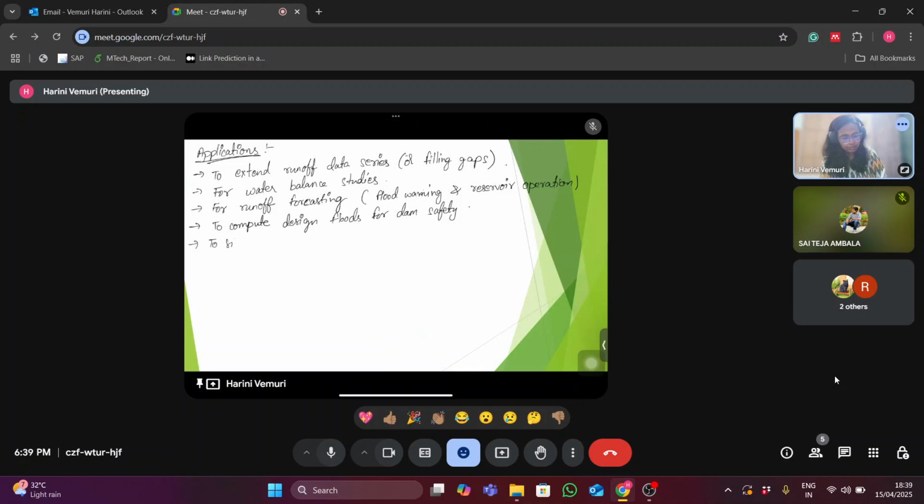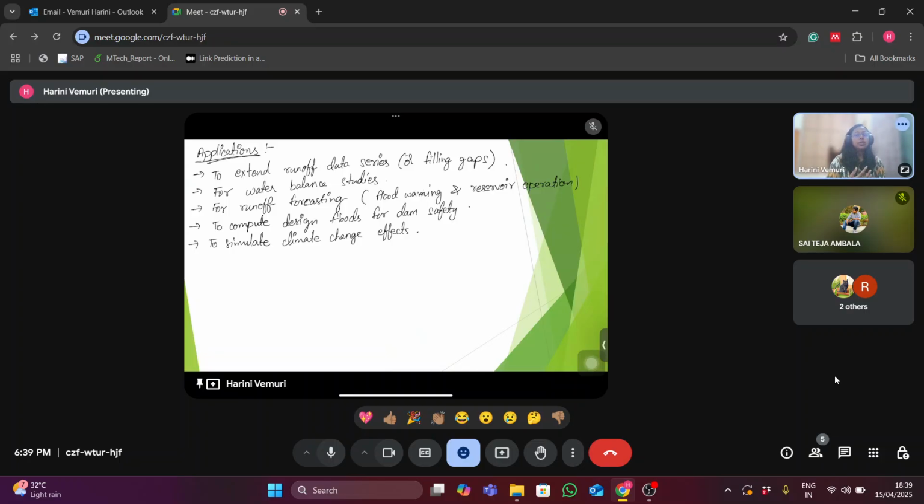Next, to simulate climate change effects. If you remember, we have different scenarios. Suppose the temperature is increased by 1.5 degrees or 2.5 degrees. We cannot actually experience them in real life.